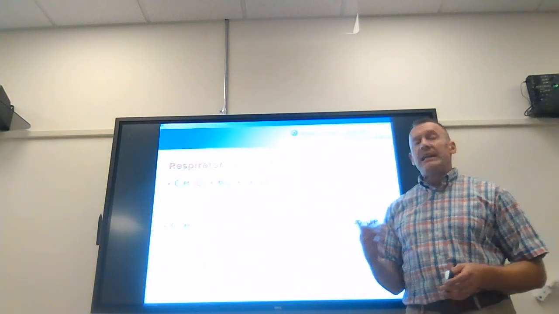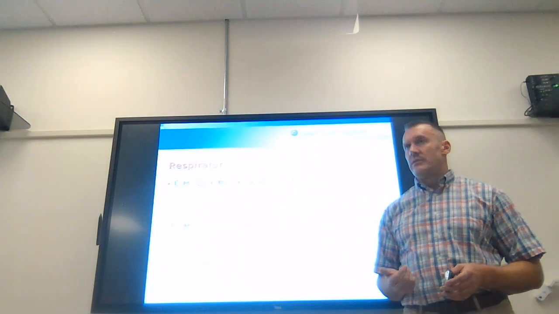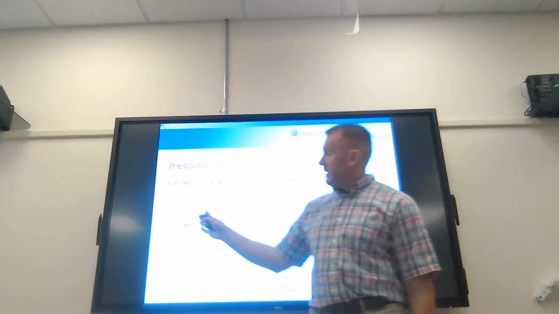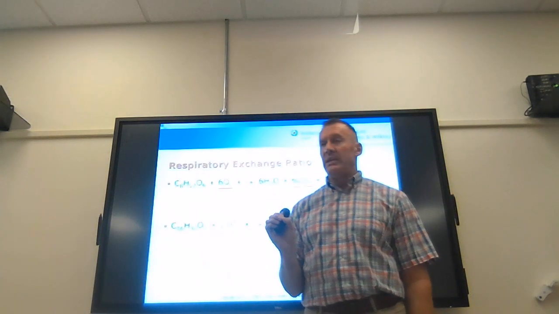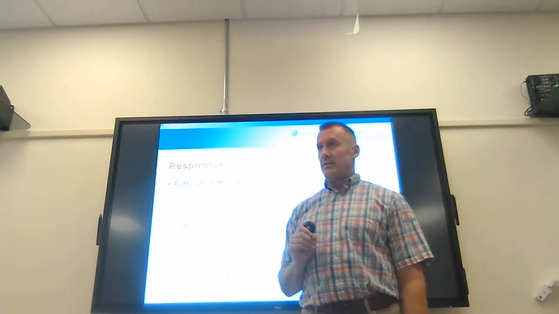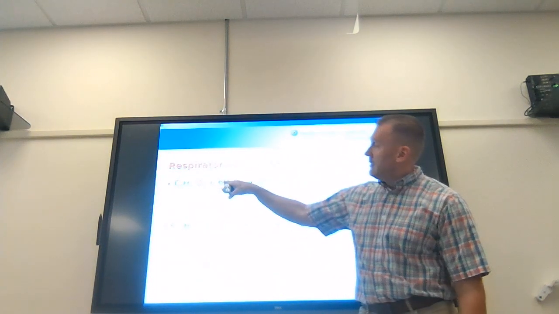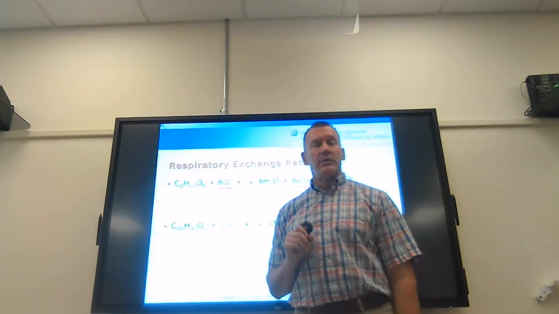A fatty acid requires a lot more oxygen to process. To break this one molecule of palmitic acid, we require 23 oxygen molecules versus 6 molecules to break down this molecule of glucose.